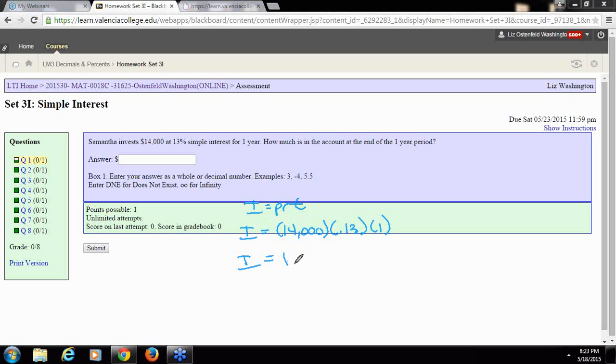So the amount of interest is 1,820. But it wants to know how much is in the account. Well, it's my interest plus the money I started with. And that's how much is in the account. So it's really going to be 15,820.